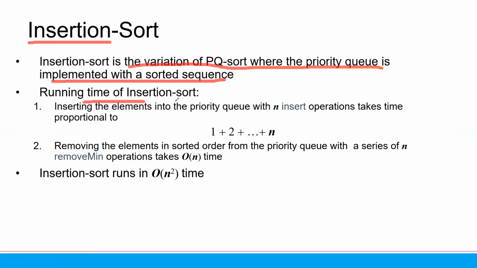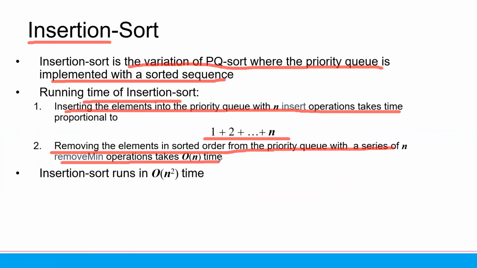When we implement this, inserting elements into the priority queue will have an insert operation that takes time proportional to n. And then removing the elements in sorted order from the priority queue, with a series of n remove operations, will also take O(n). So the insertion sort will run in n power of 2.